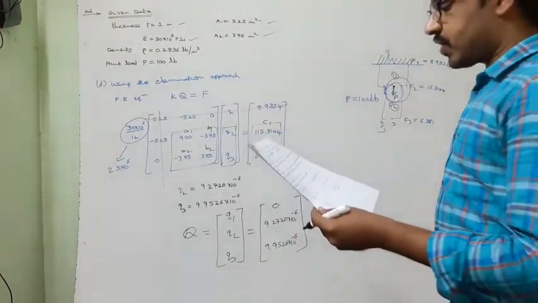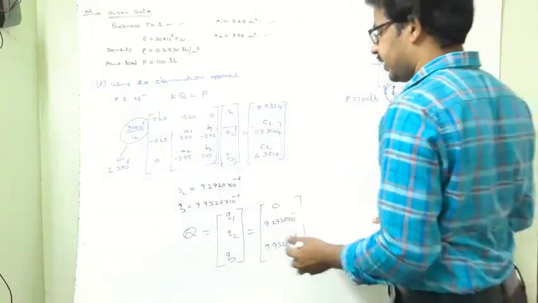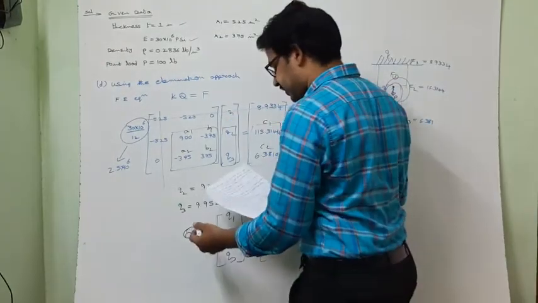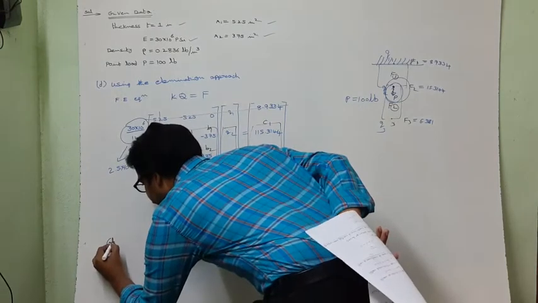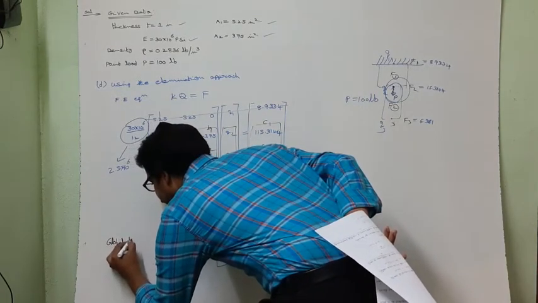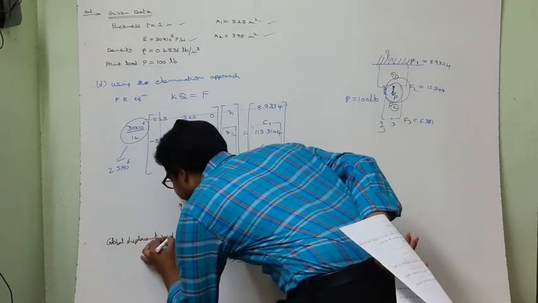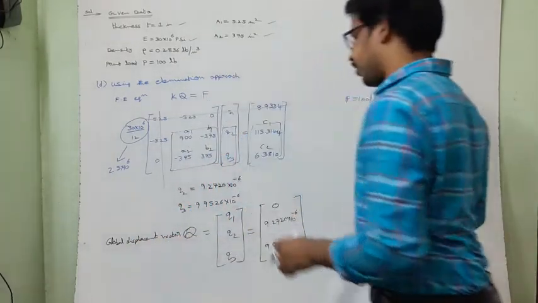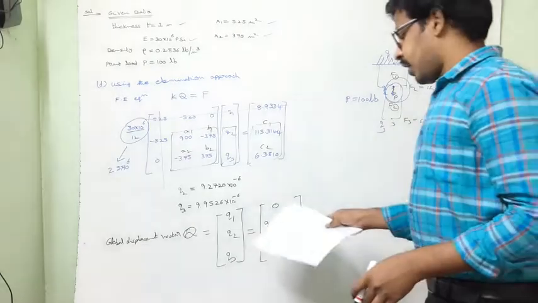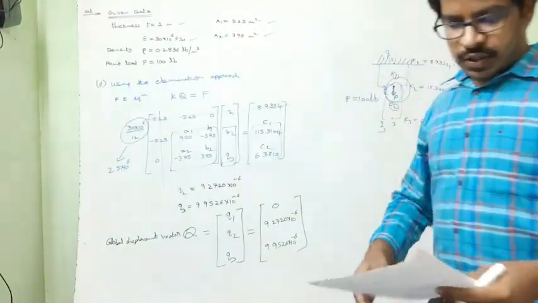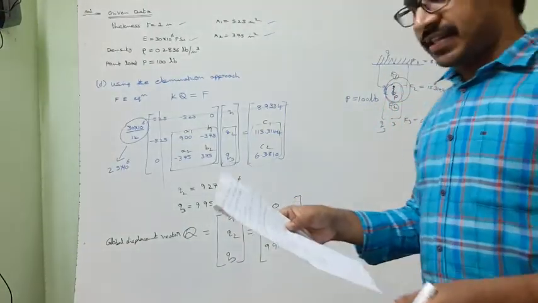Using the elimination approach, solve for the global stiffness matrix. So here the global displacement vector Q is equal to Q1, Q2 and Q3. So coming to the next one, evaluate the stresses in each element.